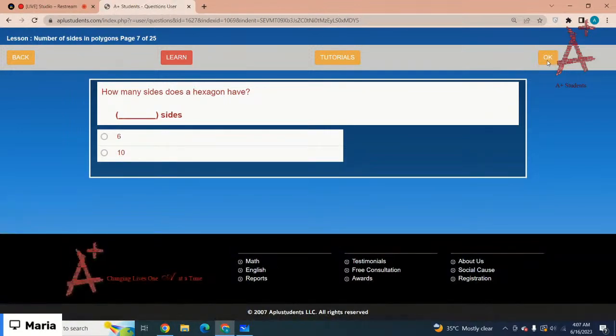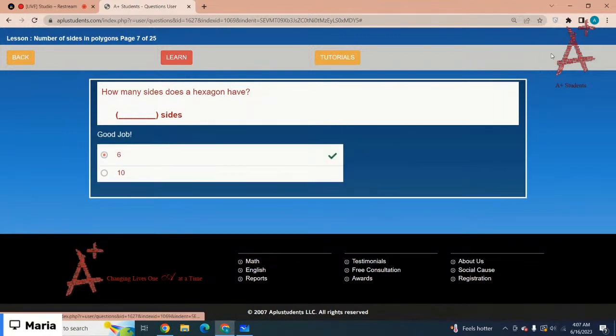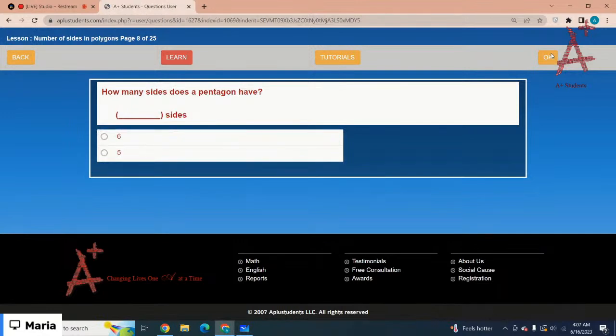How many sides does a hexagon have? Hexa means 6. So a hexagon has 6 sides. How many sides does a pentagon have? Penta means 5. So a pentagon has 5 sides.